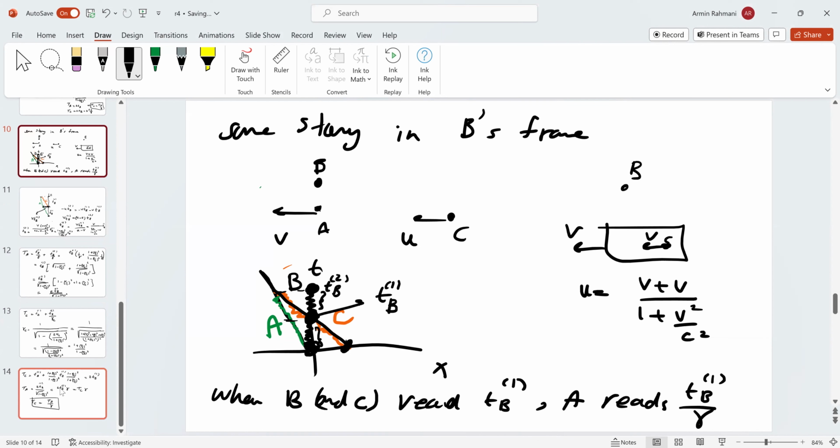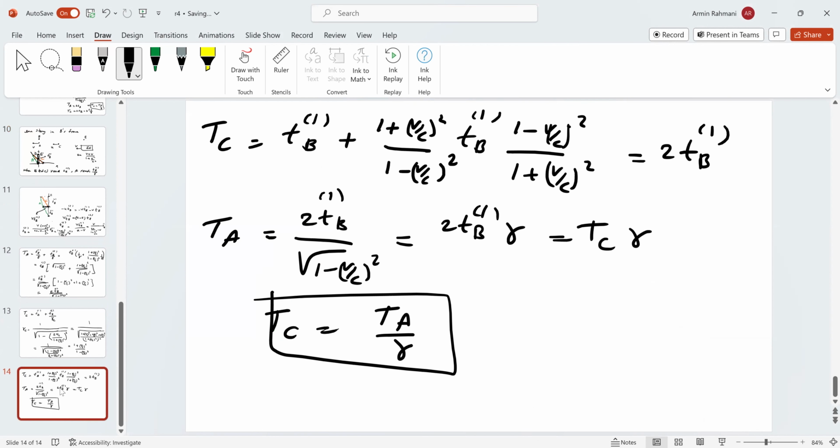So you can play the same game, but now in C frame. We did A frame and B frame. It's a good exercise. I encourage you to work that out. But that kind of takes all the mystery out of the twins paradox, because we can analyze the entire thing without having any acceleration. All right, that's a good place to stop.